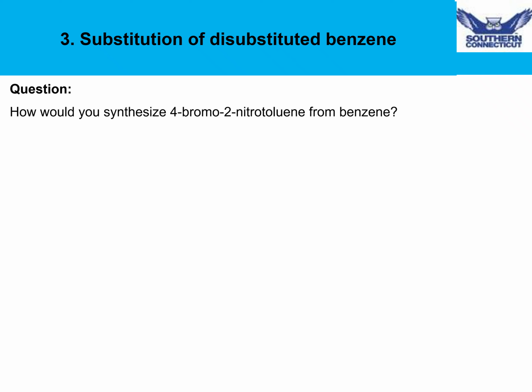We want to synthesize 4-bromo-nitrotoluene from benzene. The compound we're trying to make has a bromine at the 4 position, a nitro group at the 2 position, and it has a methyl group at the 1 position.